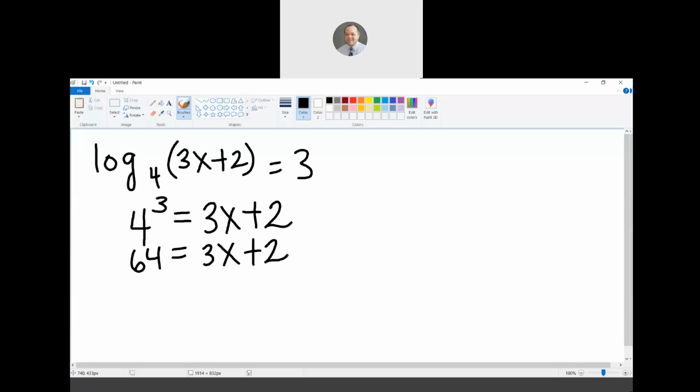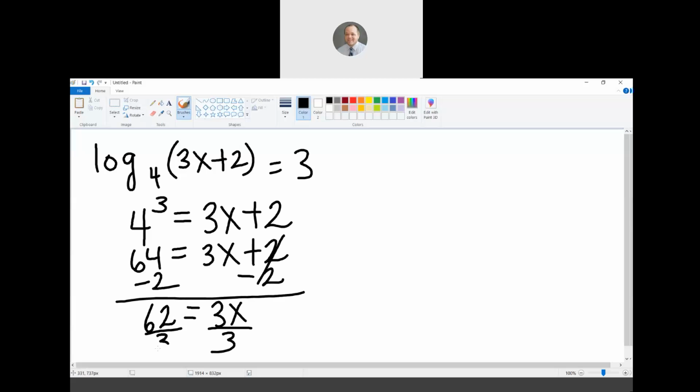And at this point, we just have a regular linear equation to solve. So let's subtract 2 from both sides. And we get 3x equal to 62. And the last step, divide both sides by 3. And unless directed otherwise, leave your final answer in fraction form.